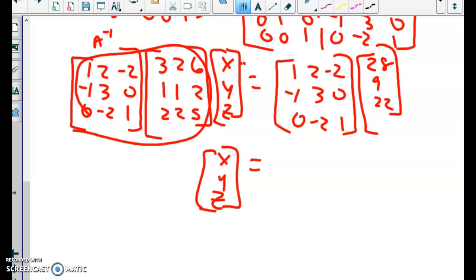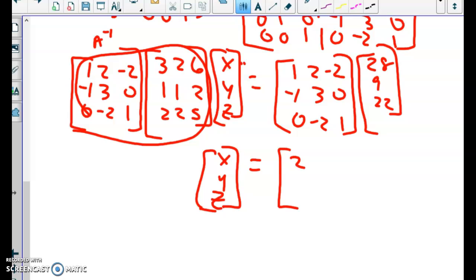So we're going to have X, Y, Z, and when I multiply here, I'm going to have 28 plus 18 minus 44. What is that? 46 minus 44 gives me 2.